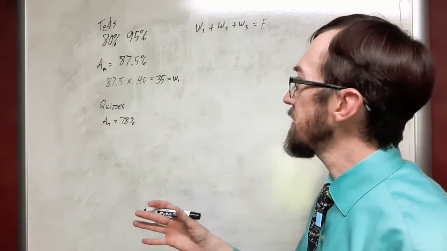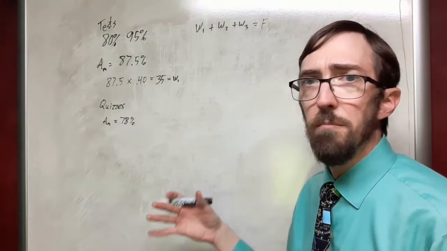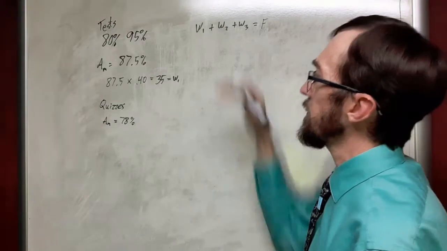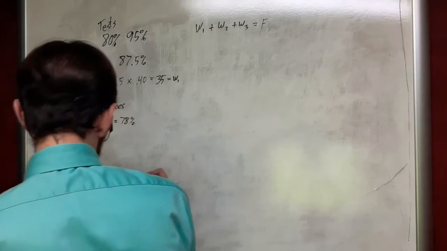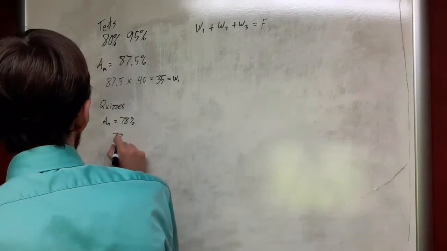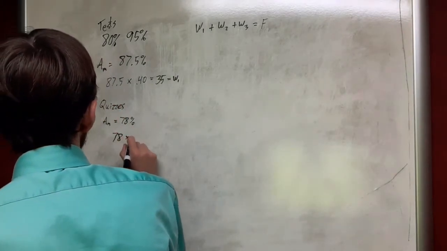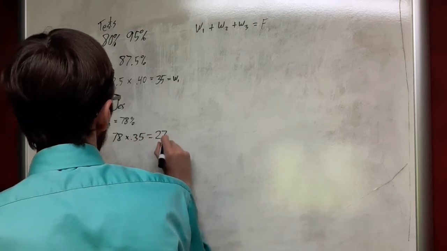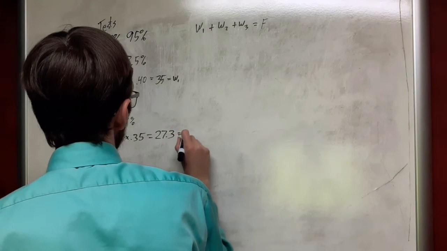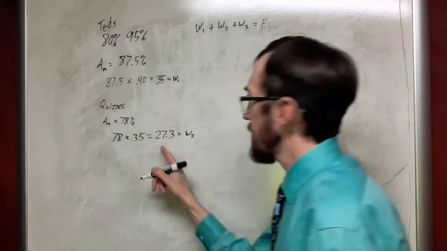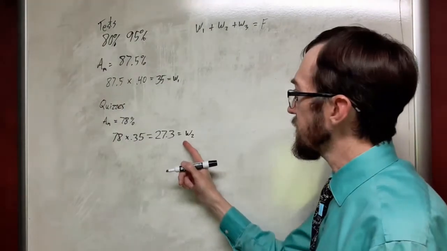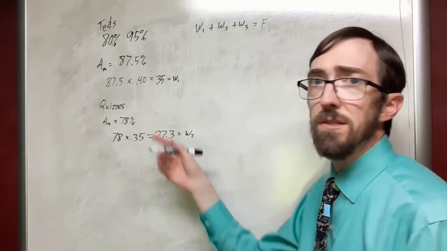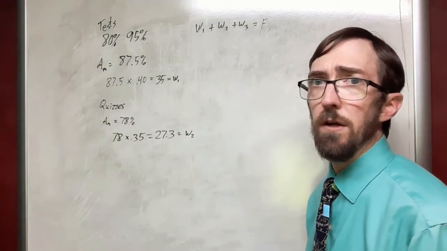We're going to take the 78% and multiply it by 0.35, because our weight is 35% of our final grade. I'm going to call this W sub 2. We have 27.3 points going toward our final score.